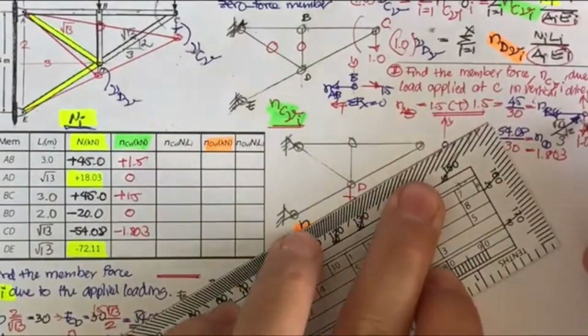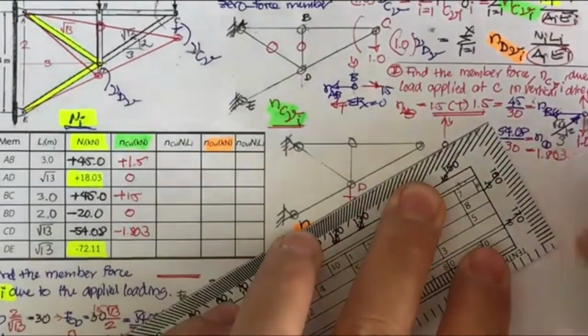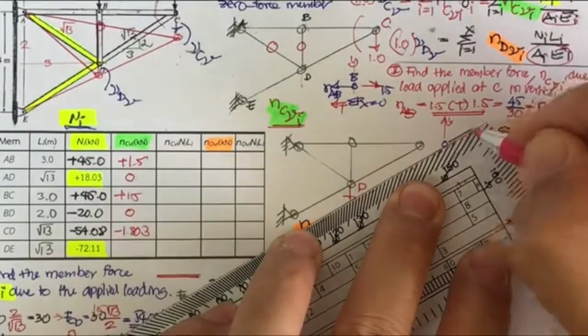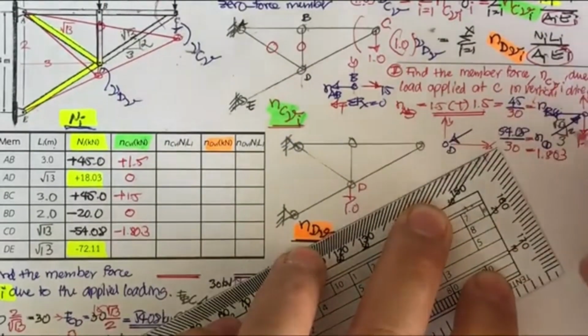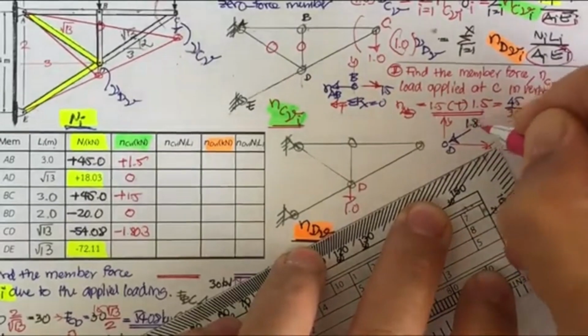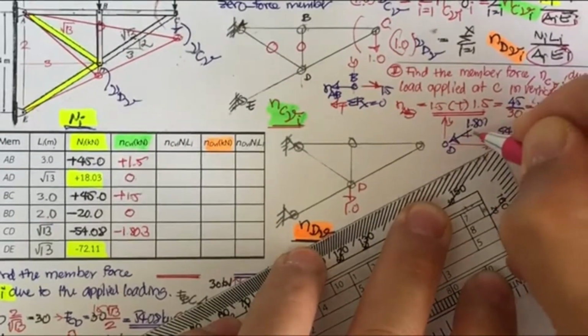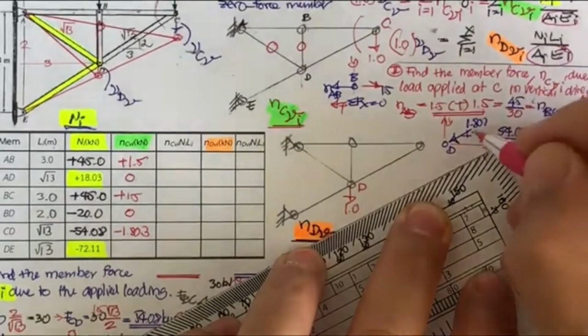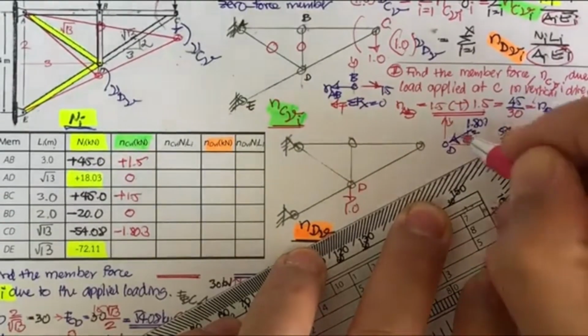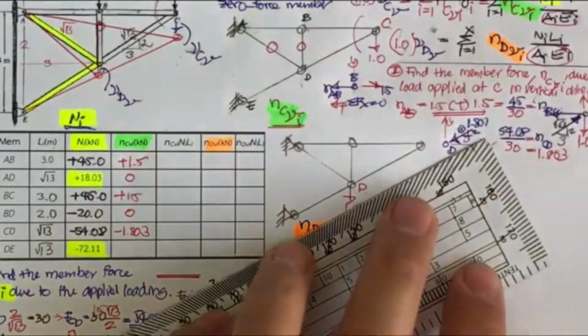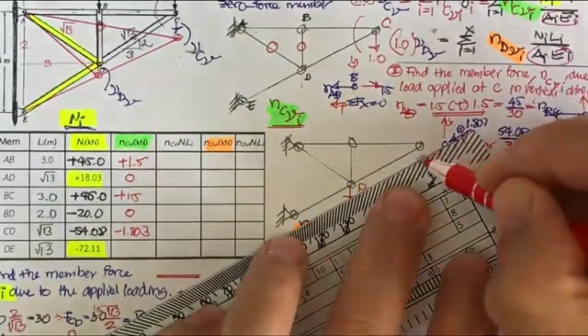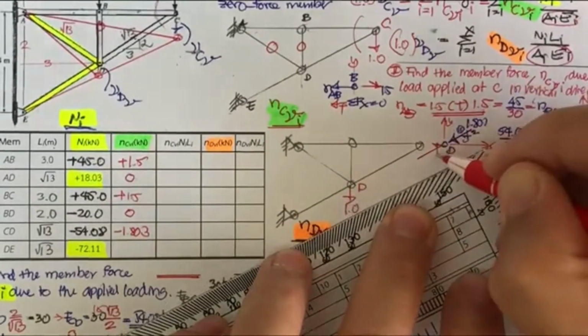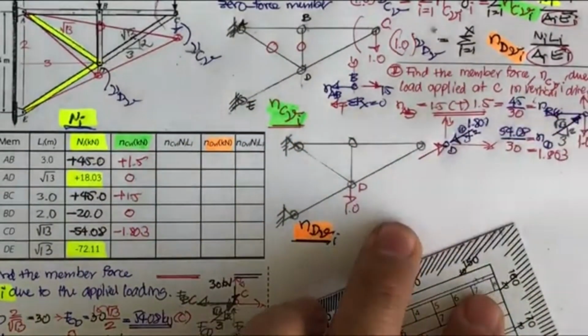And this one is in compression. So 1.803 is here. You know this one is going to be 2, 3, and square root 13. And also you may have this one in balance. It's going to be in the same direction.